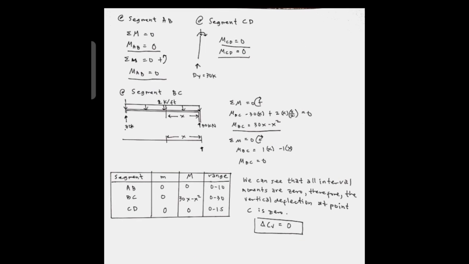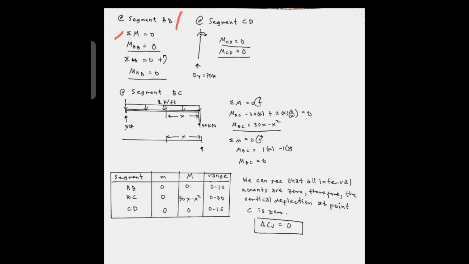Next, we will calculate the internal moments in the real and virtual systems. So for our segment AB, the summation of internal moment at segment AB is 0.